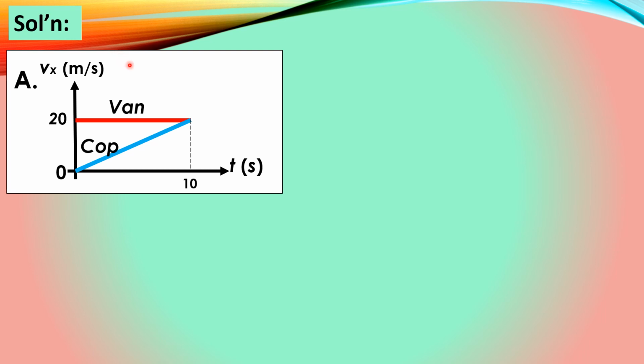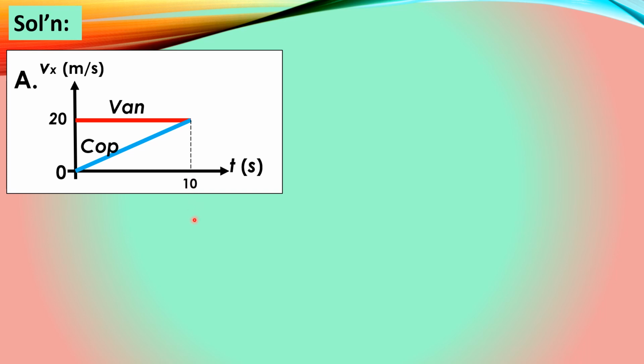The third information that we can glean from a velocity time graph is the distance or the displacement of a body, how far the body has traveled within an elapsed time. Like in the graph for option A, we can calculate the distance traveled by the van in 10 seconds.